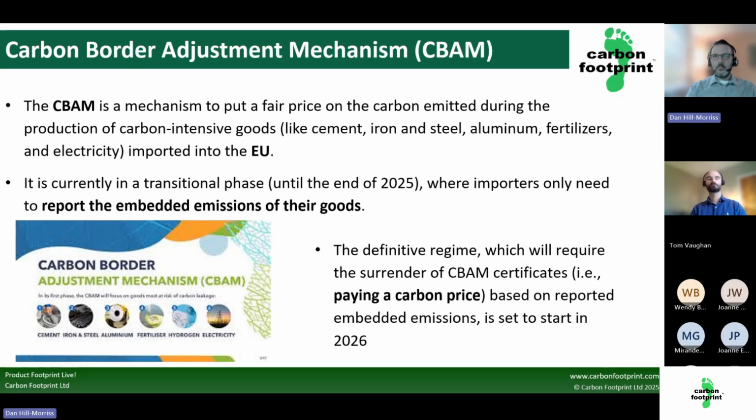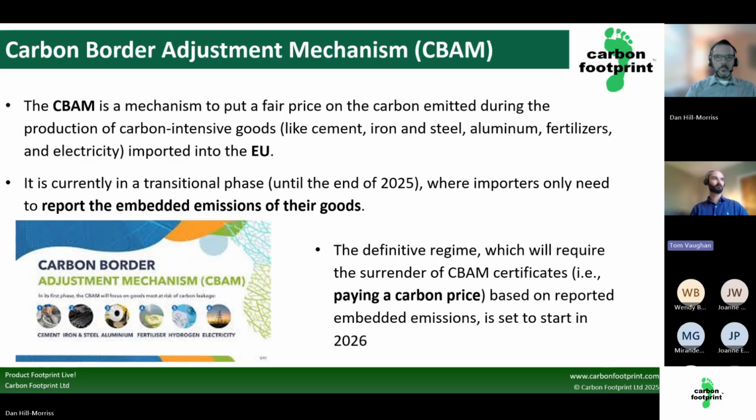So once again, European companies being asked to report on, and from next year being charged for the import of certain goods. These are certain carbon intensive goods at this time.